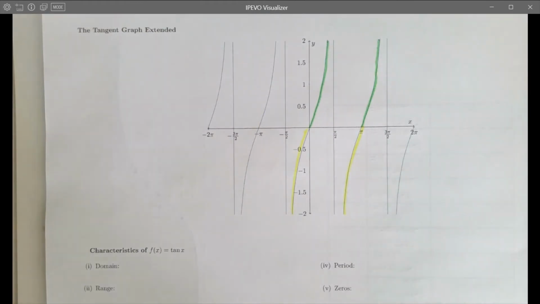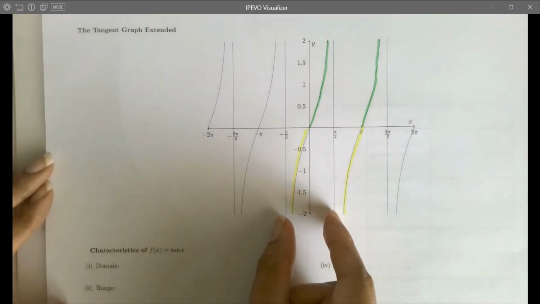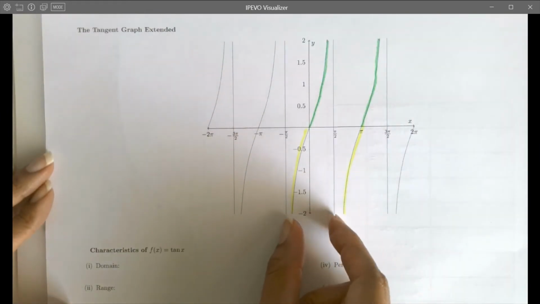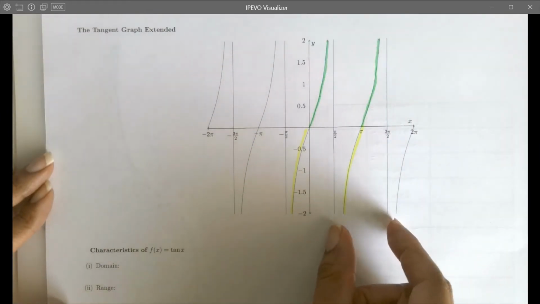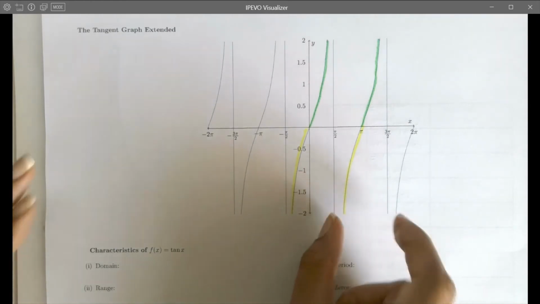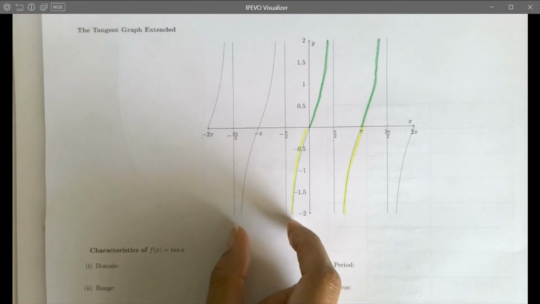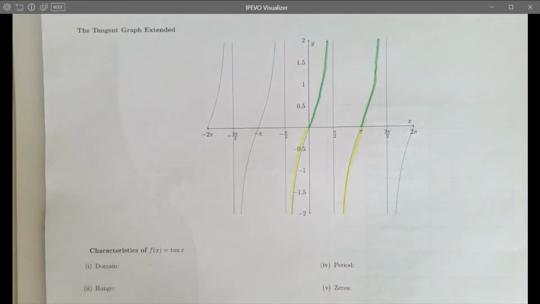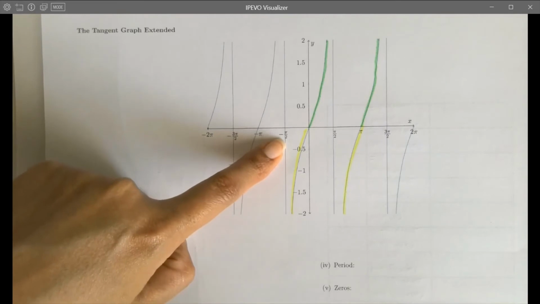So altogether, this curve that's connected between negative pi over 2 and pi over 2 repeats between pi over 2 and 3 pi over 2. Same if we go more in the negative direction, we'll see that that part of the curve is going to repeat between negative 3 pi over 2 and negative pi over 2.